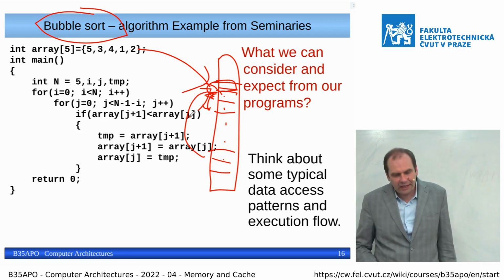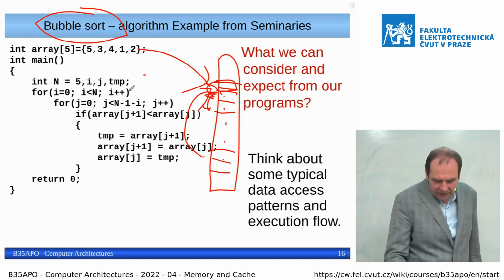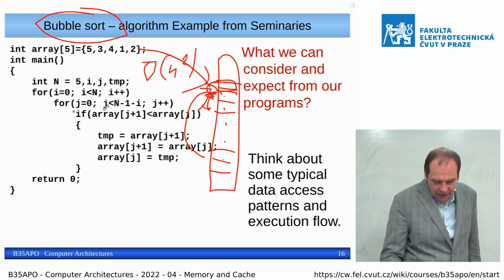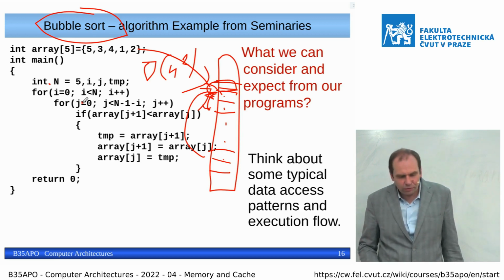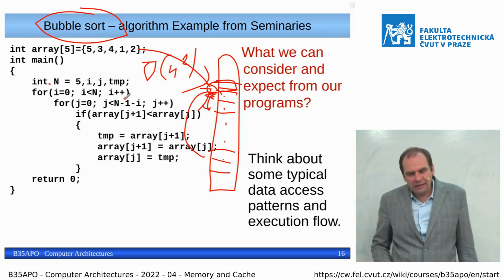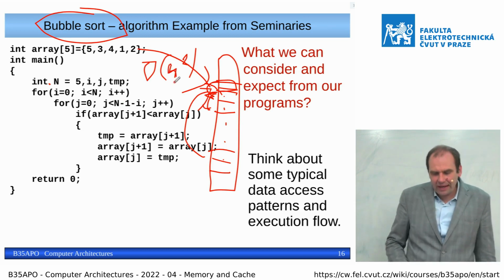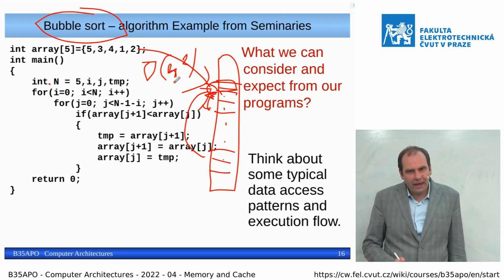This algorithm has complexity O(n squared) in the worst case, because there are two loops from 0 to n minus 1, and it accesses each location in theory about 2 times n or something like that.